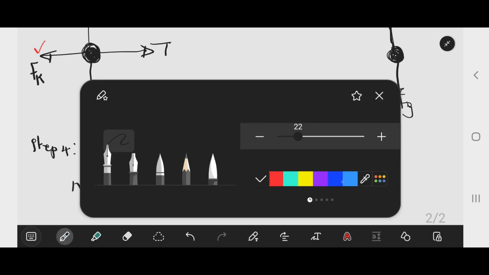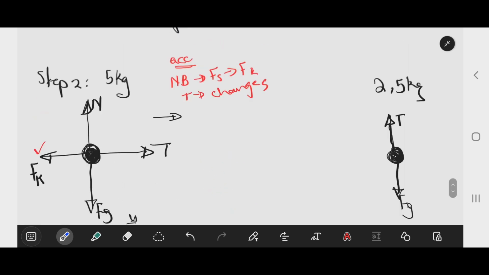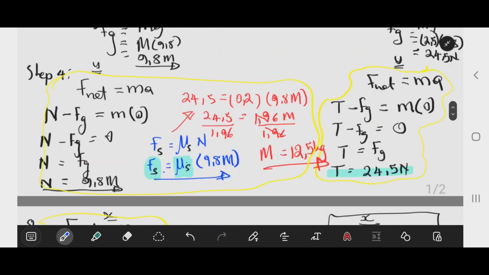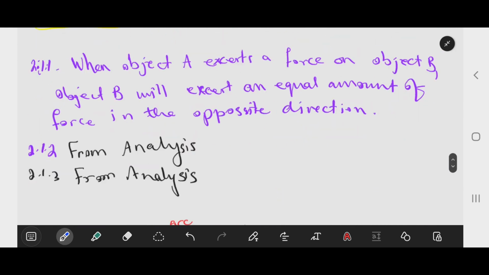And after obtaining your normal force, remember you have to calculate your friction straight away. Now let us look at the statement, are we given the coefficient between the surface and the block? We are given the coefficient of kinetic friction to be 0.15 from the question.